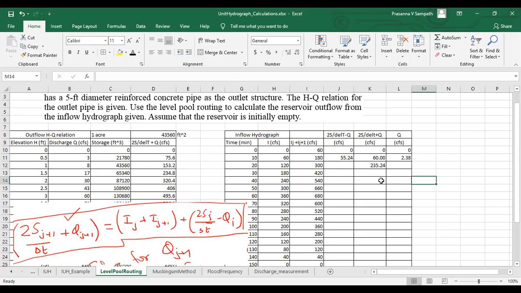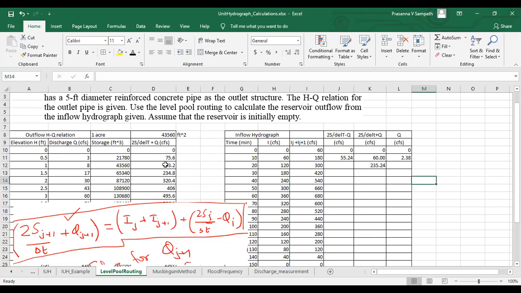Okay. So after I finish computing this, what do I do? After computing this 2s by delta t plus q at the j plus 1 time step, I compute q at the j plus 1 time step. So what do I have to do for that? I come back to this table and look at the value of 2s by delta t plus q. It is 235.24. So I come down this table. I see that it is just greater than this 234.8.